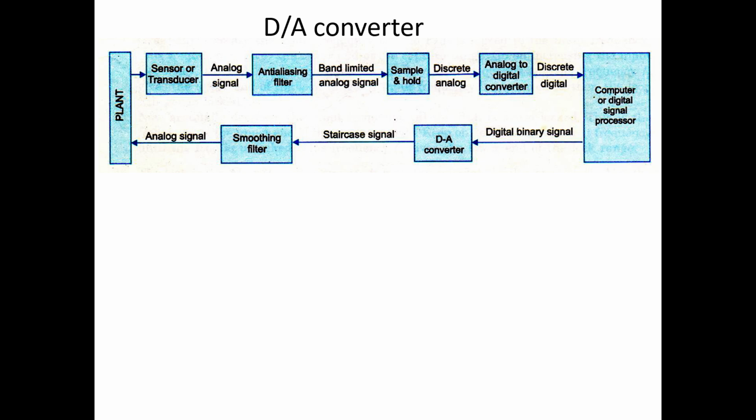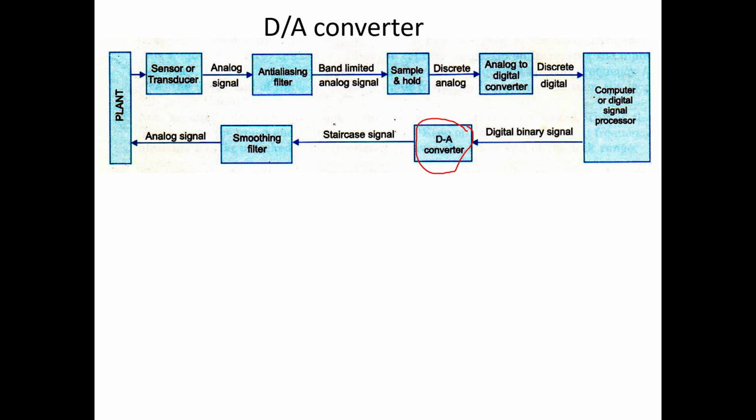So the output of the processor is a digital binary signal, which is given to a D to A converter. D to A converter means digital to analog converter.